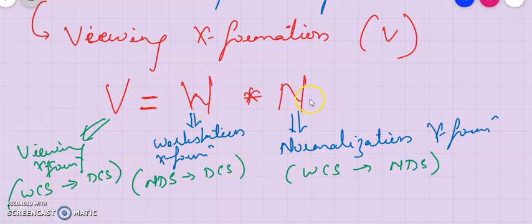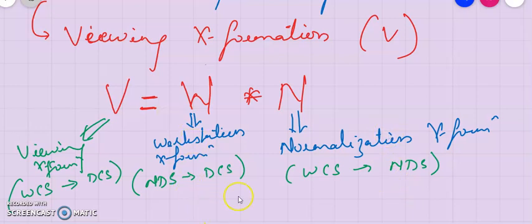That includes two steps. So the order in which I'm writing this is 1 and 2. The first one goes to the right hand side, the second one to the left hand side. This is how I perform my viewing transformation. So for any short note on viewing transformation, you will have to come up to here to complete your short note on 2D viewing transformation, right?